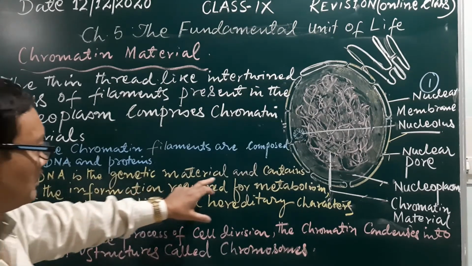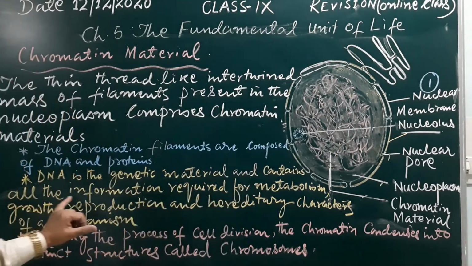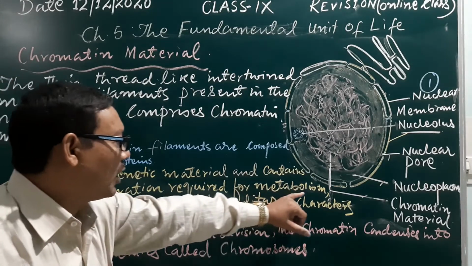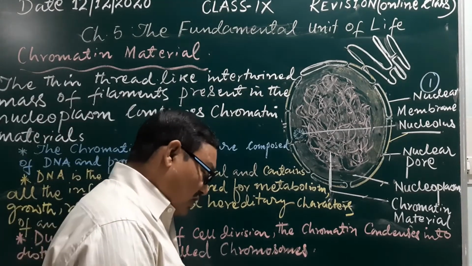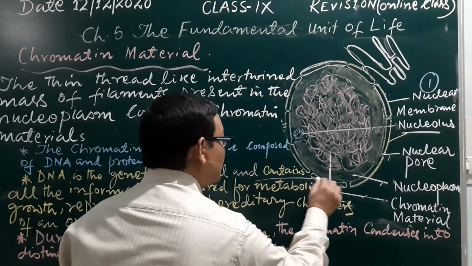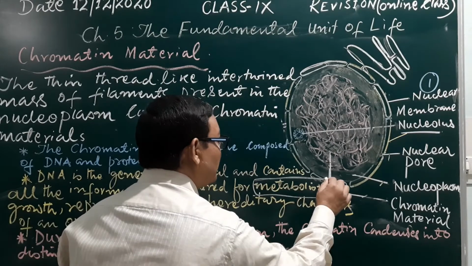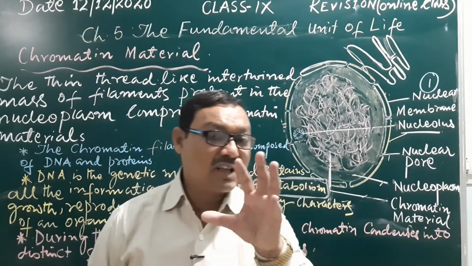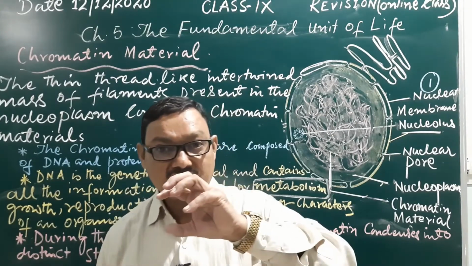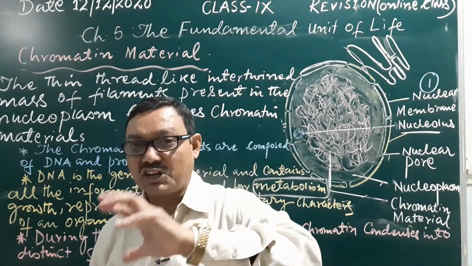DNA is the genetic material and contains all the information required for metabolism. Metabolism is not a single process. It comprises two important phases within the cell, the constructive process and the destructive process.